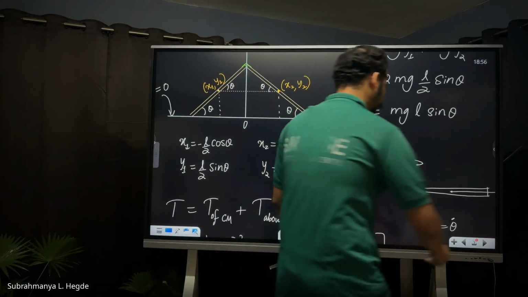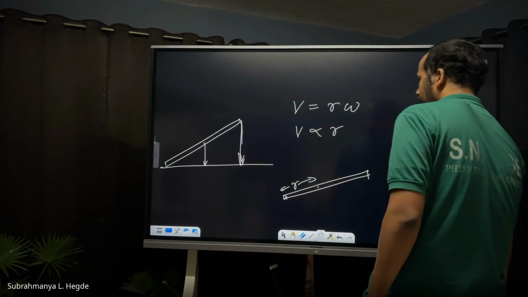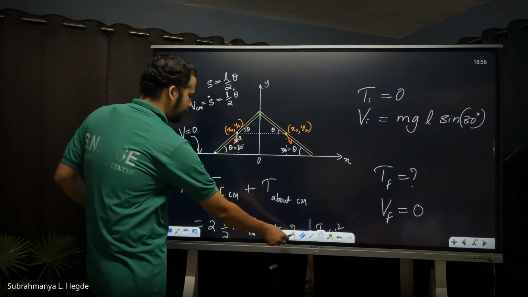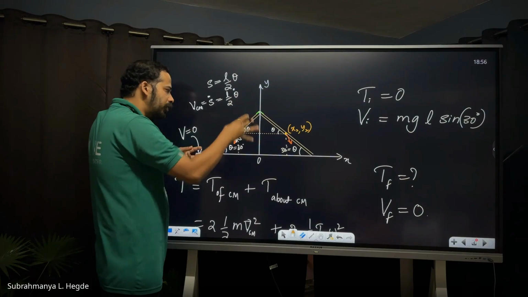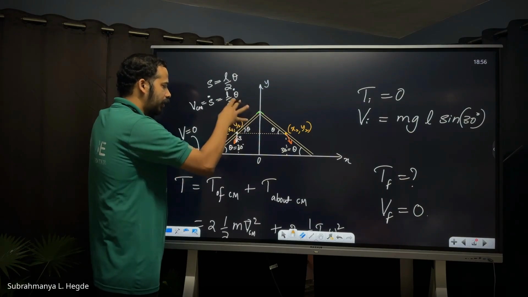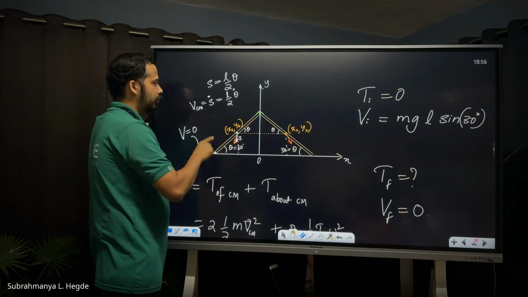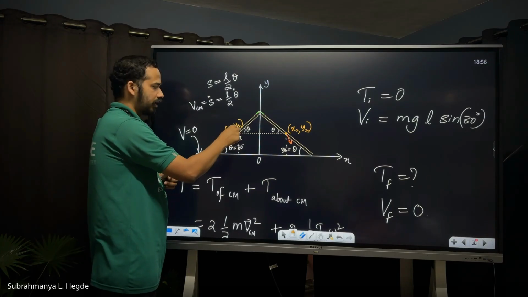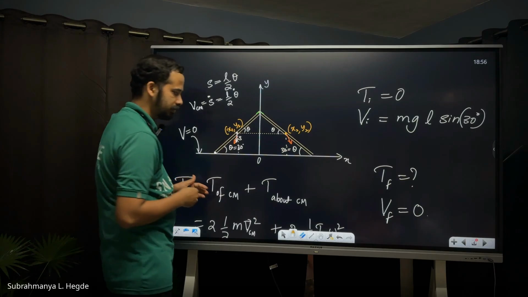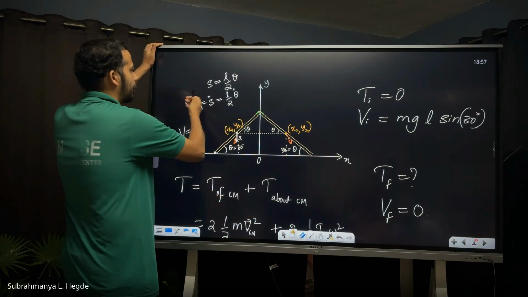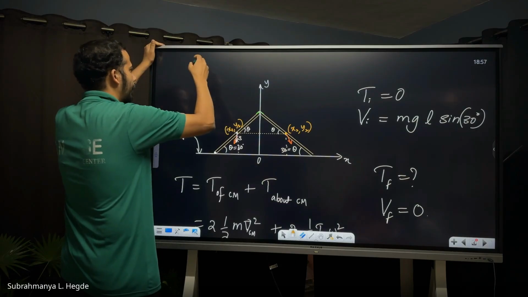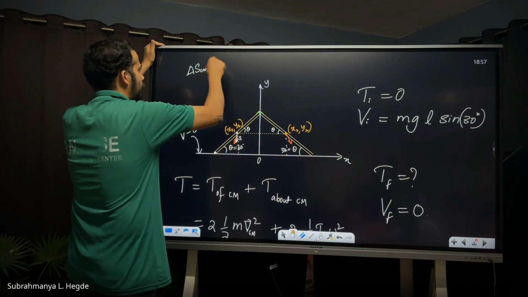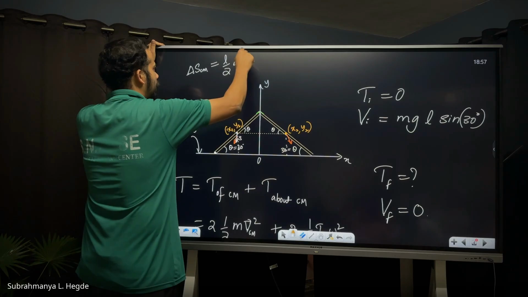Okay, fine. What I have tried to do here is, momentarily, when the rod is falling, L by 2 theta, or changing theta. I'd better say delta S of center of mass, that's equal to L by 2 delta theta.